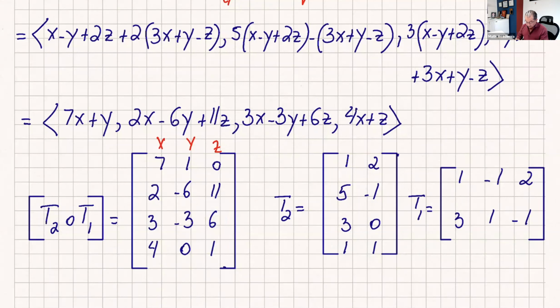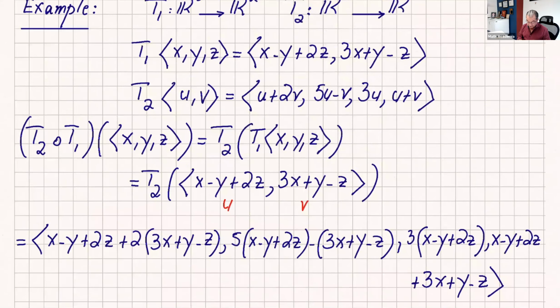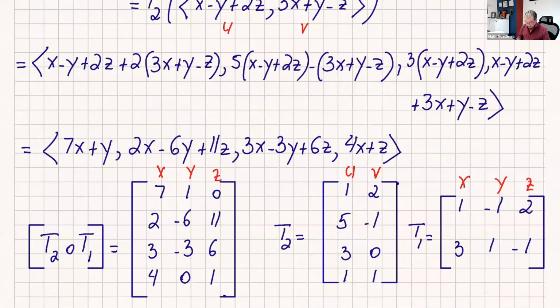Now we can write the matrices separately. For the second transformation, you can say U, V, and the first transformation is X, Y, Z. So you can one by one write the matrices for the first and second transformation here. For the second one, we have U, 5U, 3U, and U. So let's look at this: 1, 5, 3, and 1.